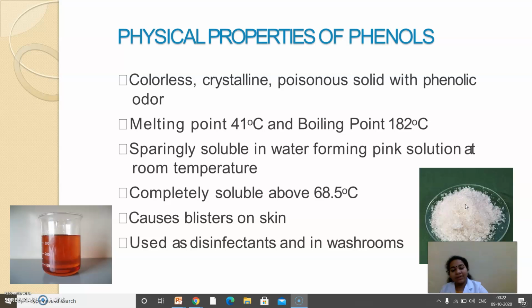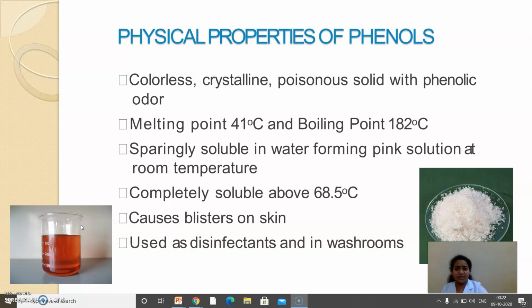If we compare it with alcohols, they have a high boiling point, which we'll discuss in this video, and it is sparingly soluble in water. Sparingly soluble means half soluble, not completely soluble. And if we add phenol to the water, it will form a pink solution. Here you can see that solution.